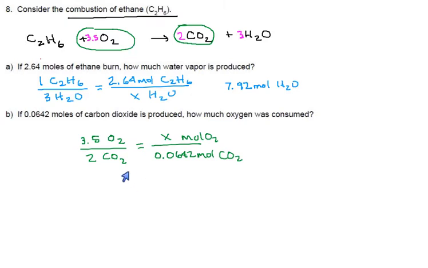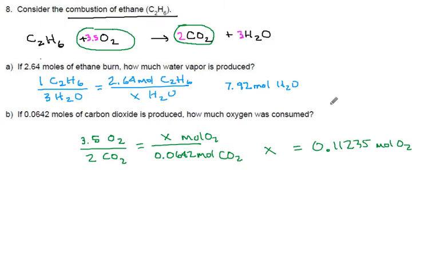So, if we're cross-multiplying, we're doing 3.5 times 0.0642 divided by 2, and from that I get x is 0.11235 moles of oxygen.